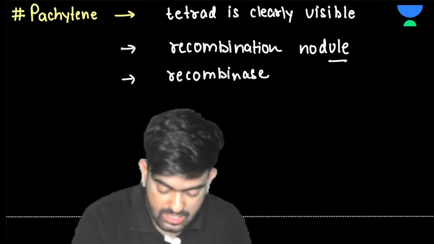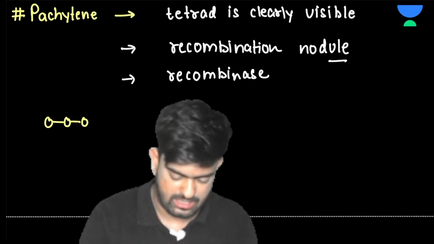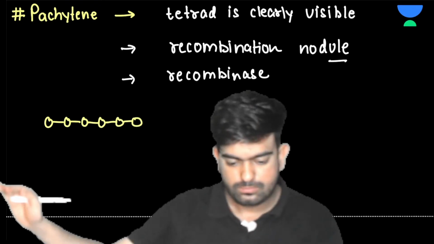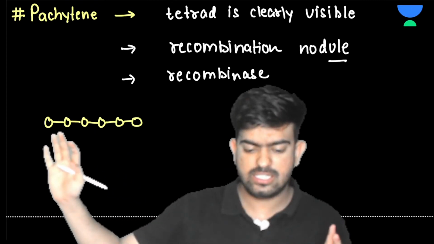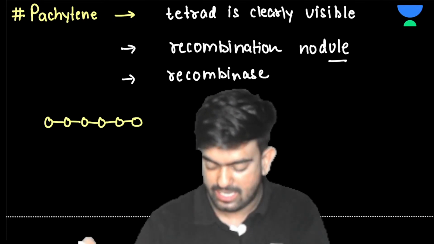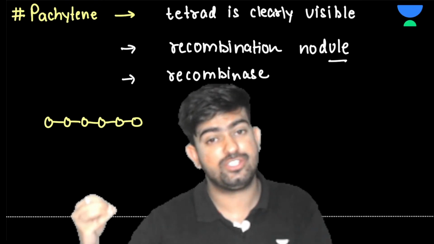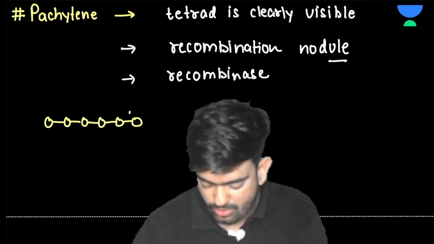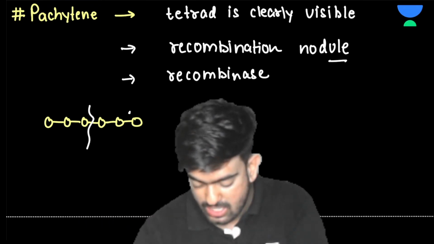Let me help you understand a little what an endonuclease is. Suppose this is a chain of molecules. The recombinase enzyme is in the category of enzymes known as endonucleases, so it is going to cut these things from the inside.